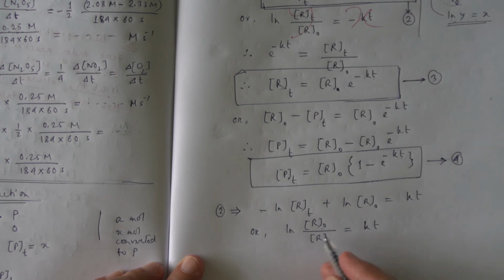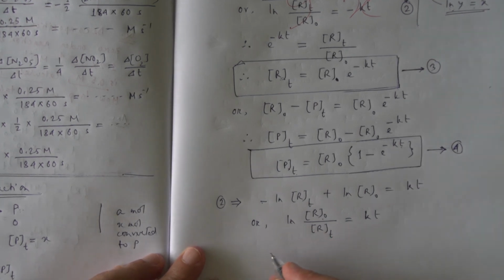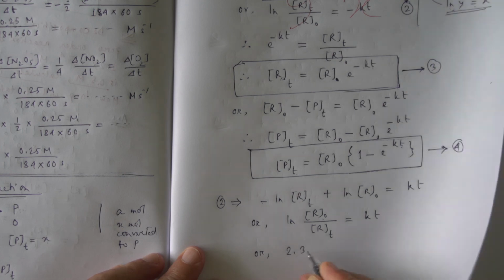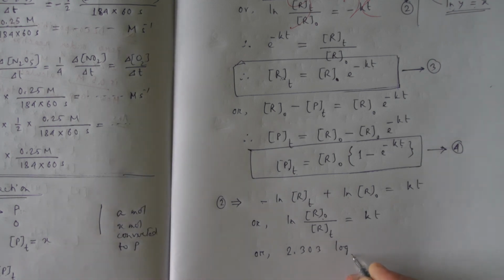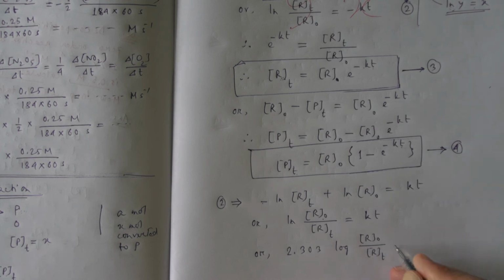And this is ln x, log to the base e of x. If we convert it to base 10, then what do we get? 2.303 log to the base 10; log to the base 10 we generally do not write. That will be equal to kt.